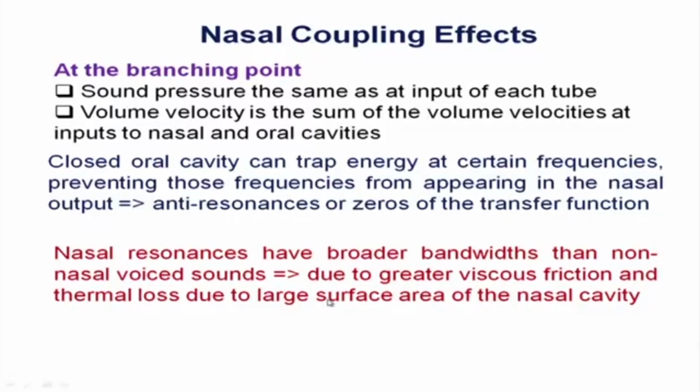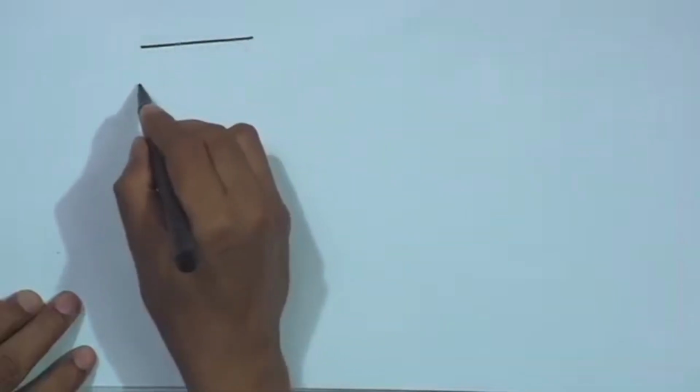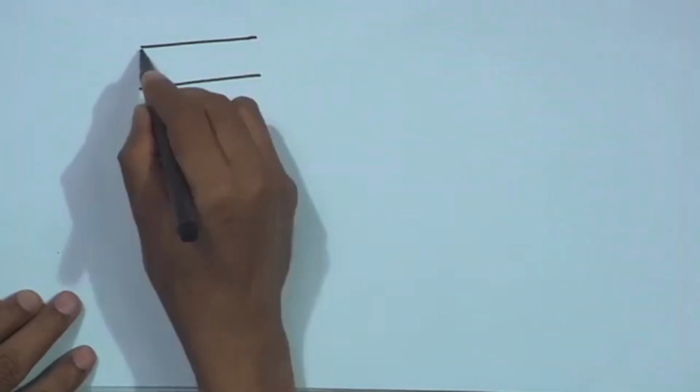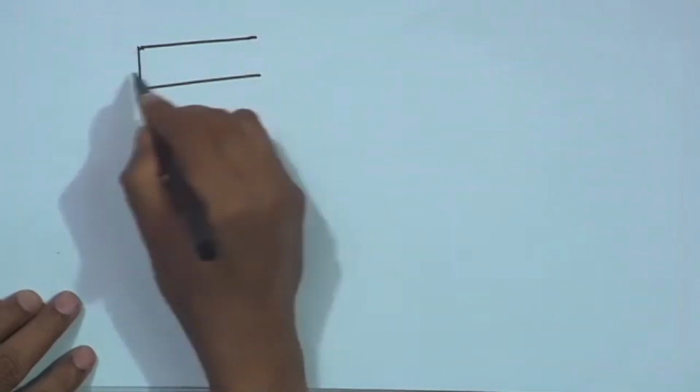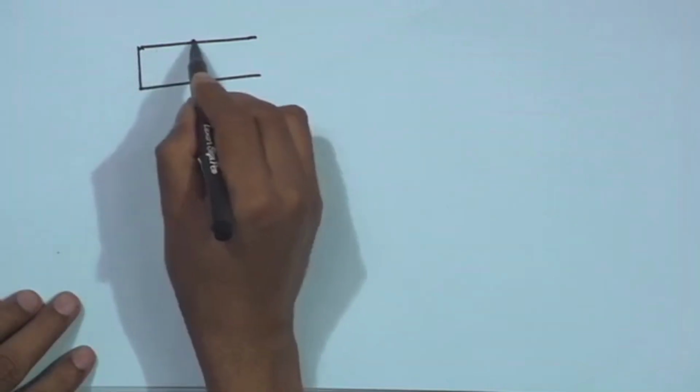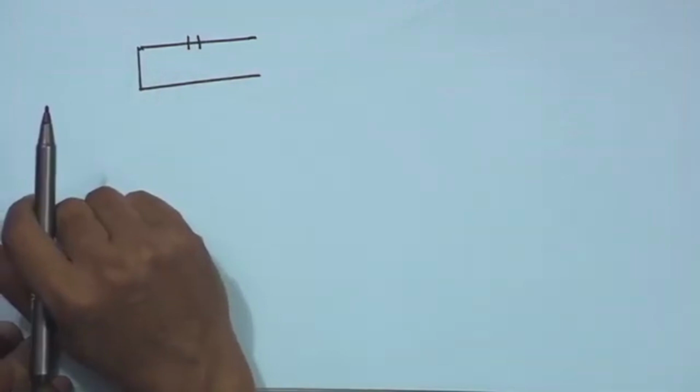Now, the next one is the nasal coupling effect. Okay. This is the oral cavity, the one cavity I have done. Now, you experience that this is a cavity and you produce a sound. If I put a hole in here, the sound will change. If you see the flute, there are a lot of holes on the top of the flute, and by closing the holes, I can change the sound.